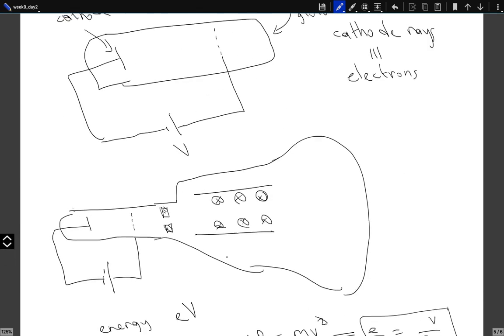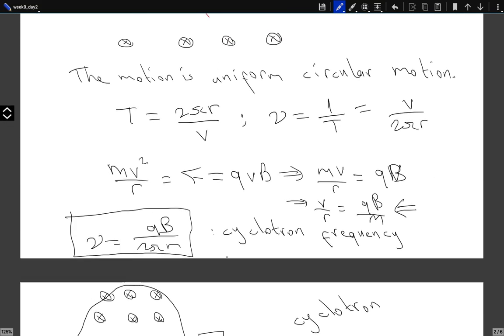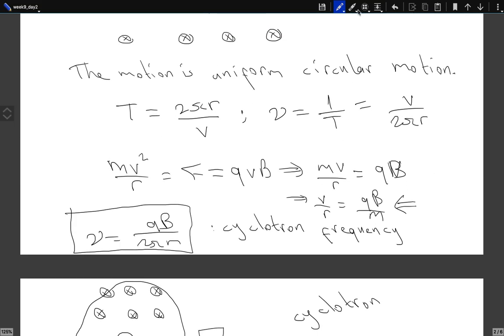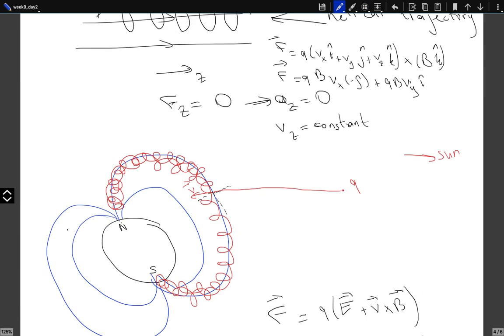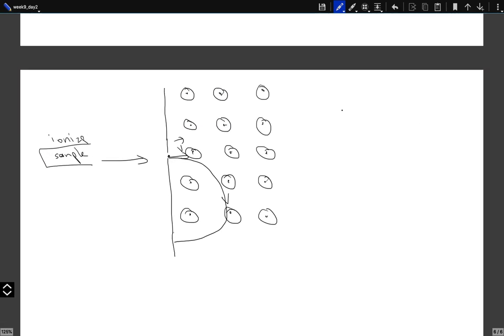Well, we had already determined the frequency of this trajectory. Oh, well, let's do it again. We know that mv squared over r, with r being the radius of this trajectory, is the centripetal force, but that force is created by the magnetic field, qvB.